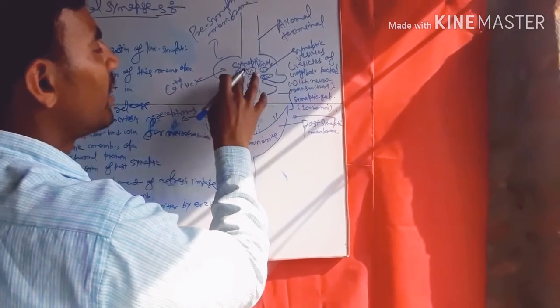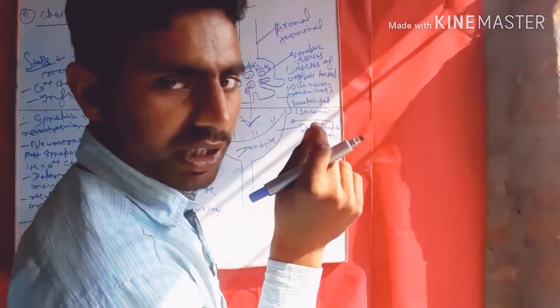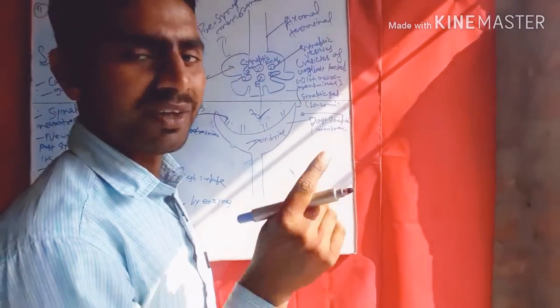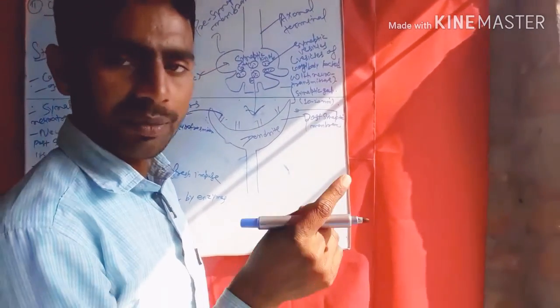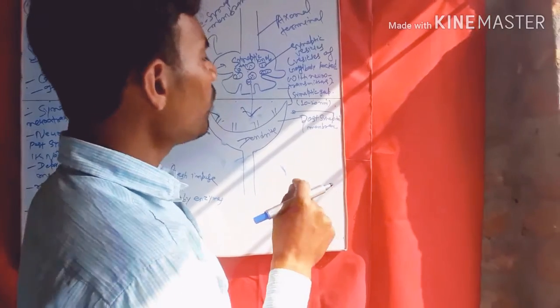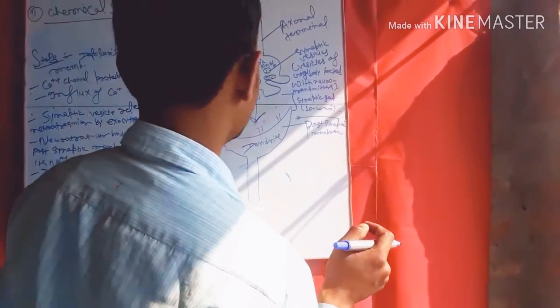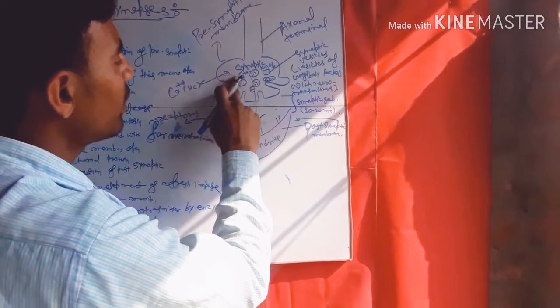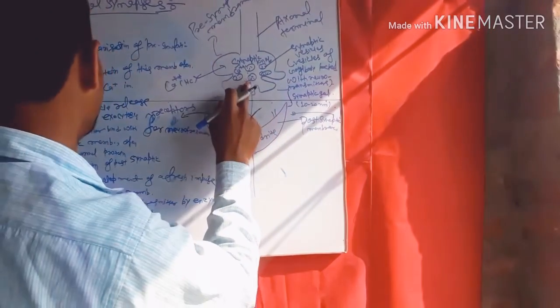Calcium ion is present in the synaptic knob, and also in the synaptic knob synaptic vesicle is present, and in the synaptic vesicles neurotransmitter is present. A high concentration of calcium ion is present in the synaptic knob.